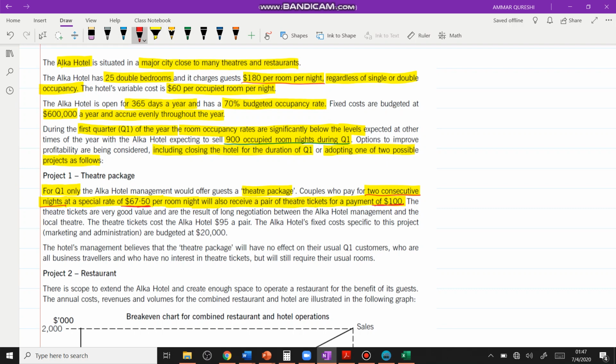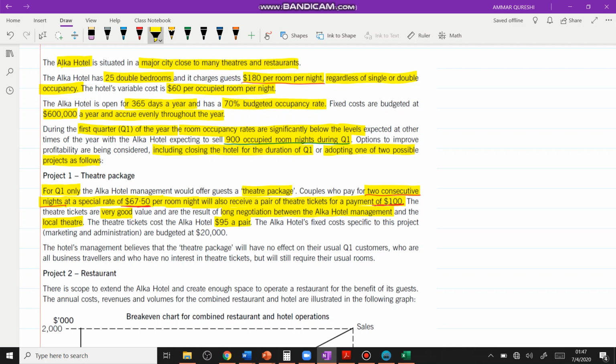Now, the important thing is that we need to identify how valuable this $100 ticket is for the customers. The theater tickets are of great value and are the result of long negotiations between the Elka Hotel management and the local theater. The theater tickets cost Elka Hotel $95 a pair.